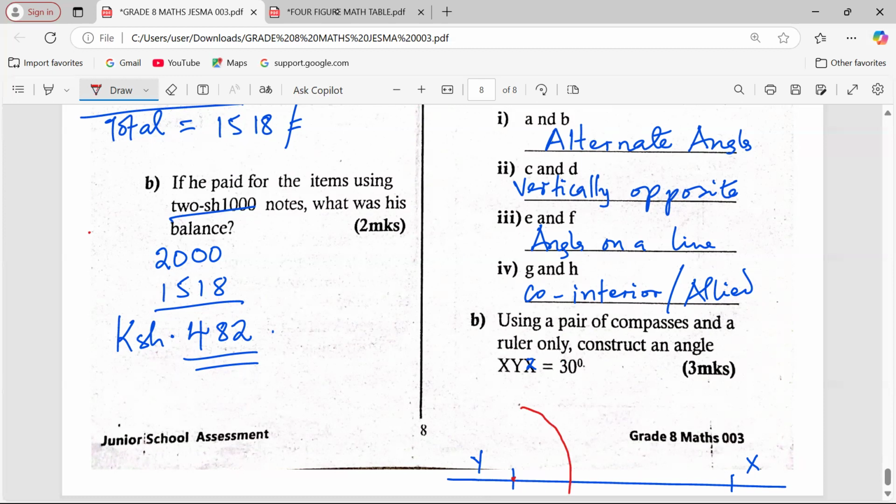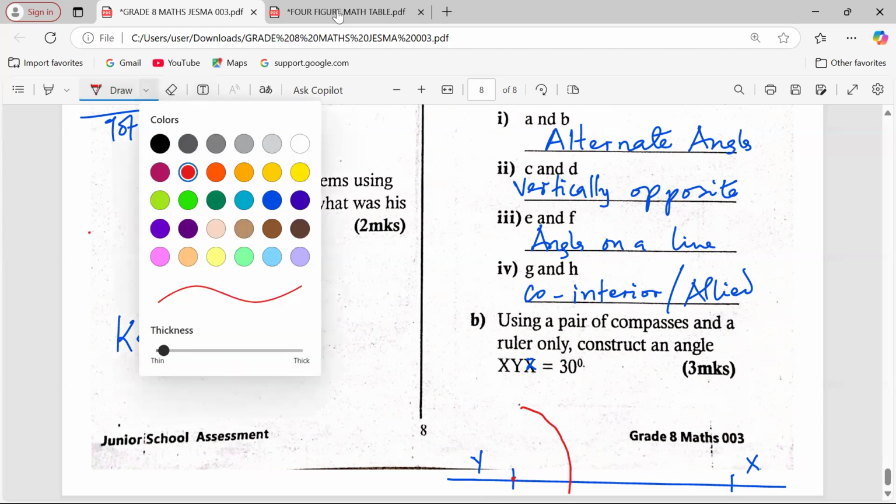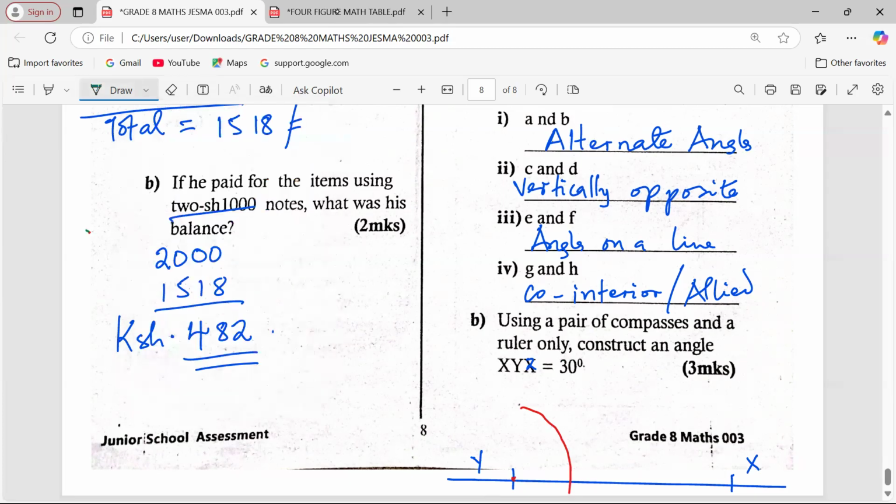Then I stand where the arc is cutting line XY at a point here, and using the same radius, I cut the arc on that side. That means what I'll produce here is an angle of 60 degrees that way.